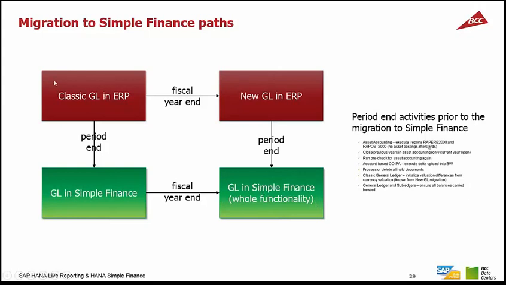But if you are on classic general ledger, then it's advised first to migrate to general ledger in Simple Finance, and then at the fiscal year end to add the split functionality, for example, in Simple Finance general ledger, as it is easier with the tools furnished with Simple Finance than in the old tools for transferring to new general ledgers.